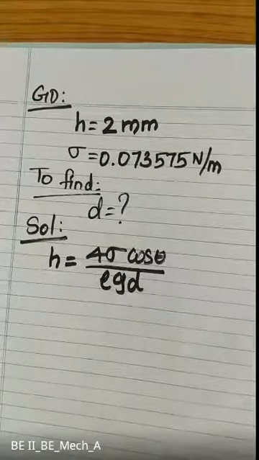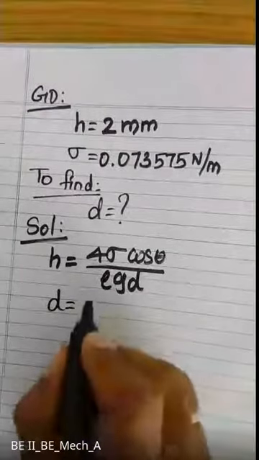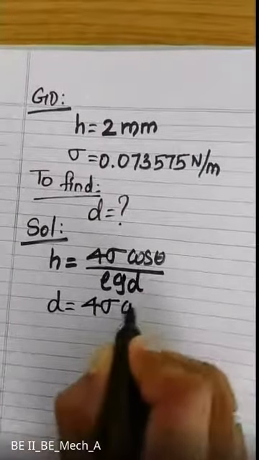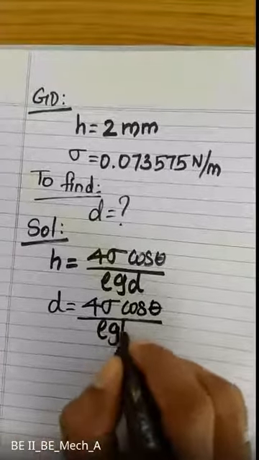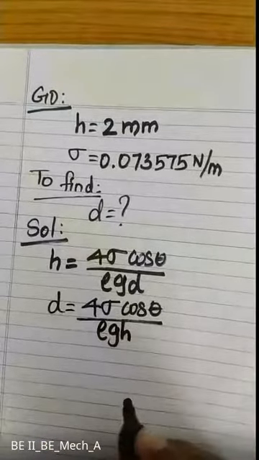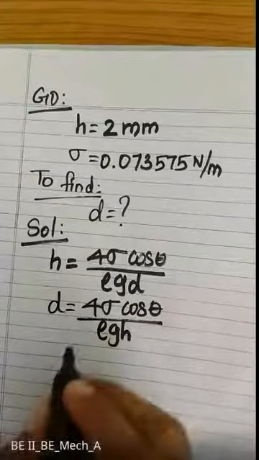This kind of problem will be asked in GATE exams. Okay. So next we can reverse the formula. Diameter is equal to 4 sigma cos theta divided by rho g h. Okay, so substitute the values and find the answer.